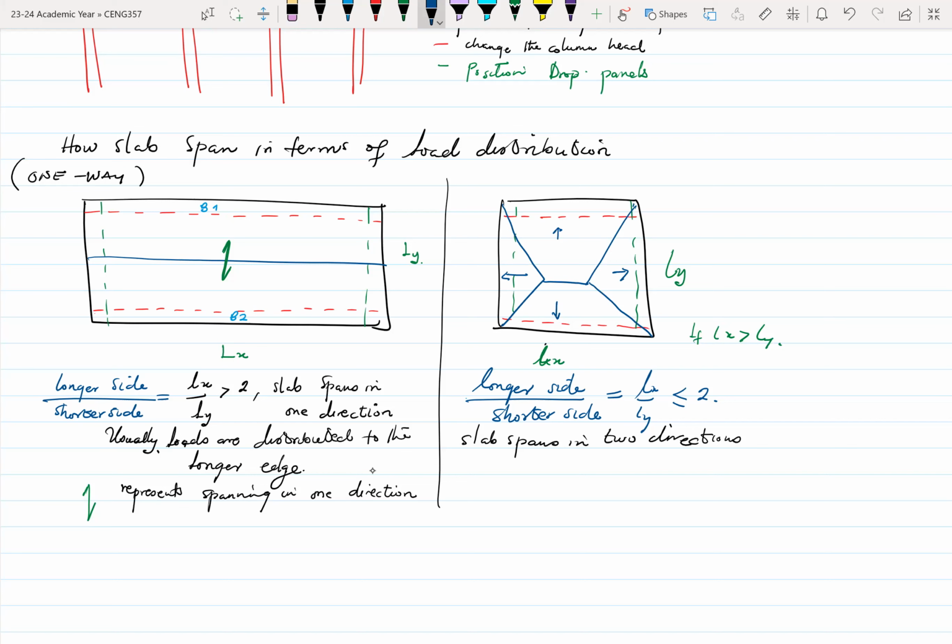So the shorter side usually receives triangular loads, and then the longer side usually receives the trapezoidal.